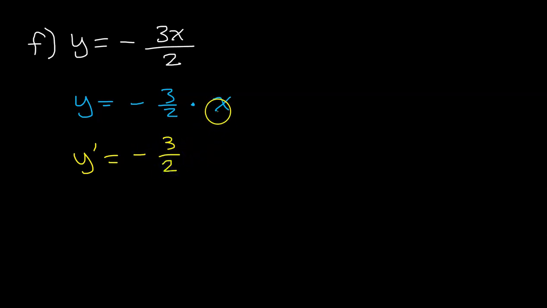And then we had that rule where when we take the derivative of x, that's just going to be 1. So obviously multiplying by 1 is not going to change anything, so the final answer will be negative 3 over 2.